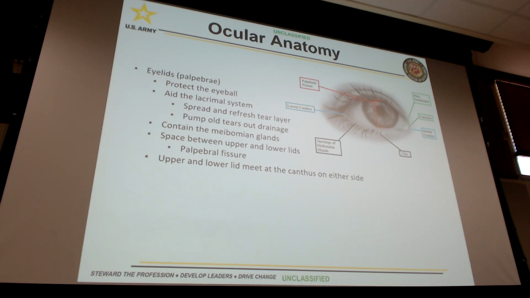Okay. Where the eyelids come to meet, the superior and the lower lid, on the sides there, it's called a canthus. And you have a lateral canthus, obviously, on the lateral side of your face, and a medial canthus medially. Pretty self-explanatory there. Okay, the lateral canthus is going to be important for you guys to remember when we're talking about ocular trauma.